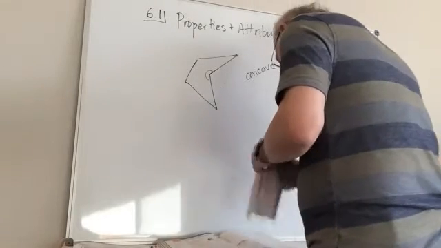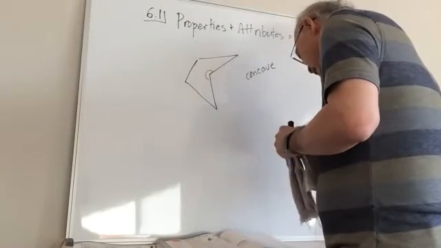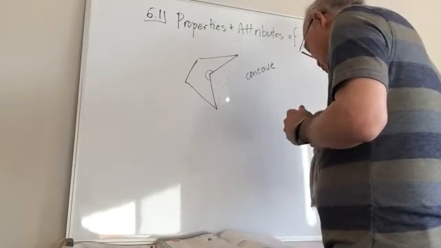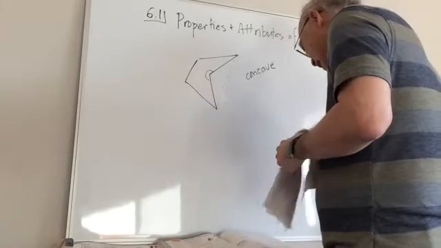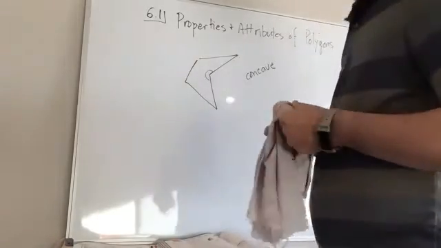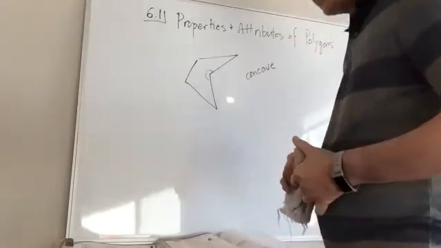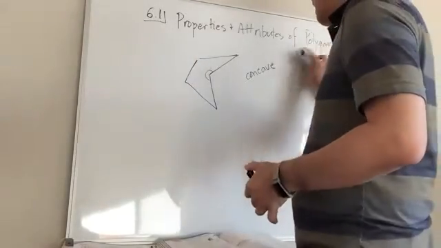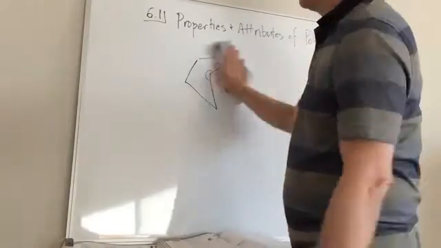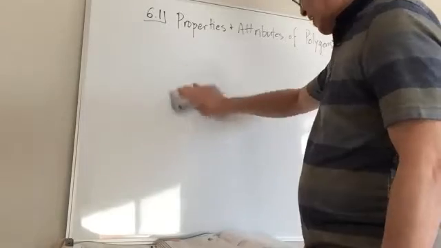Example number 2. Of A, B, and C, which one is going to be the concave? It's going to be C, the one that looks like a 4-pointed star. That would be a concave, just like this.